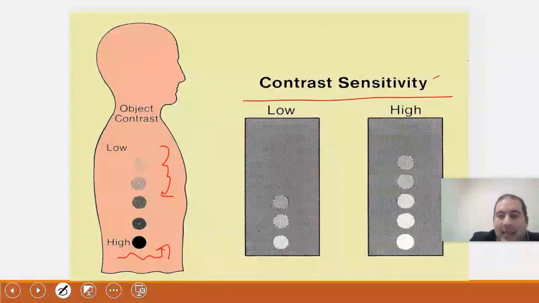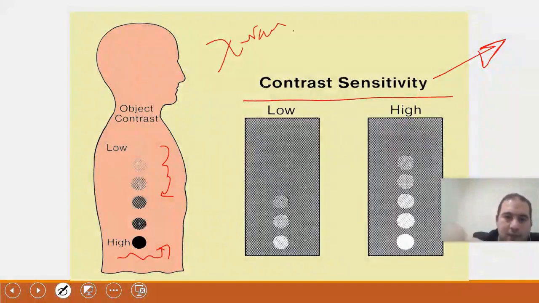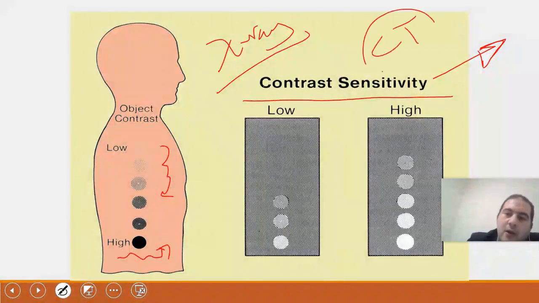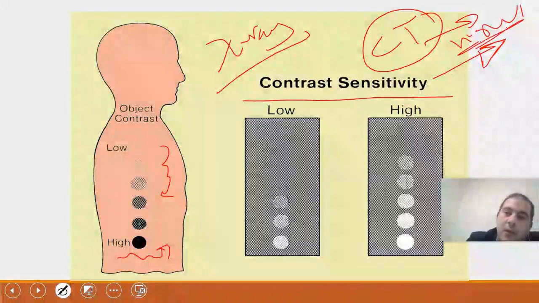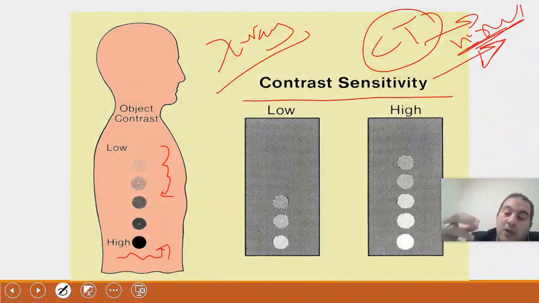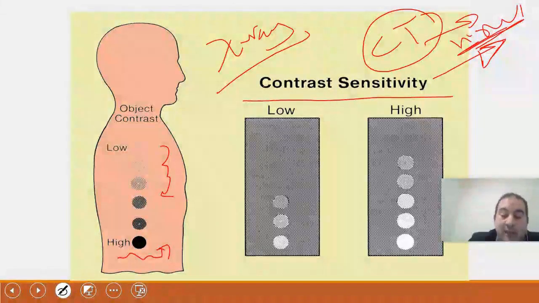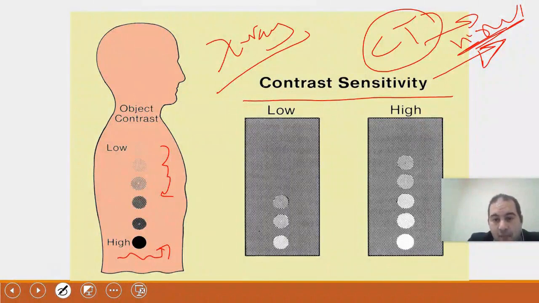the ability to show it, for example, when we talk about X-ray, it has high contrast sensitivity. And when we talk about CT, it also has high contrast sensitivity. In CT, you get cross sections with very high contrast in the images and sections you take, unlike X-ray.